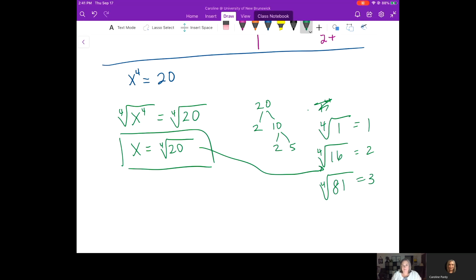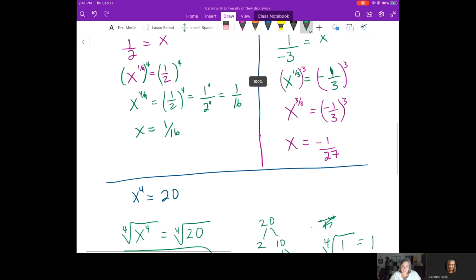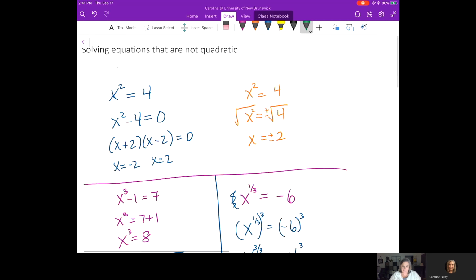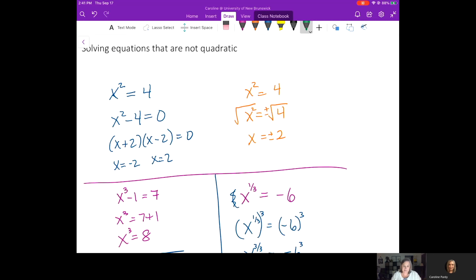Now, what's the problem with this? Any ideas? So think back to the very first one I did up here, which was x squared. And I said, if we take the square root of both sides, what do we need to remember to make sure we get all of the solutions? That plus or minus.